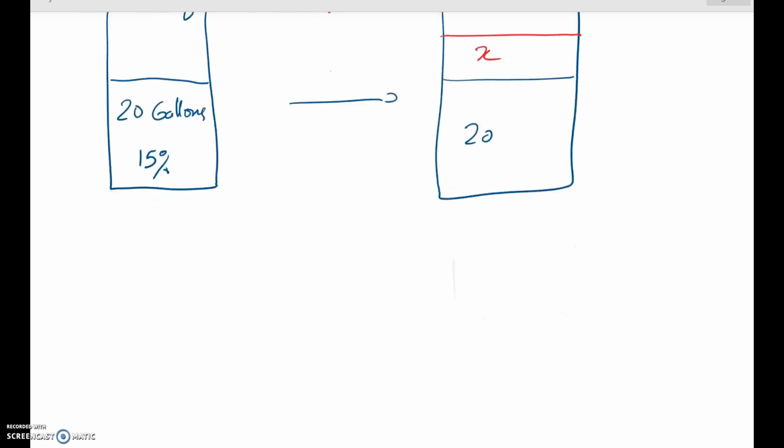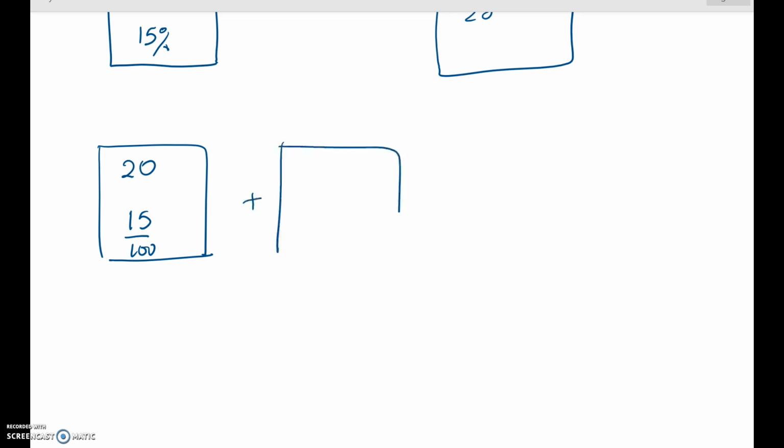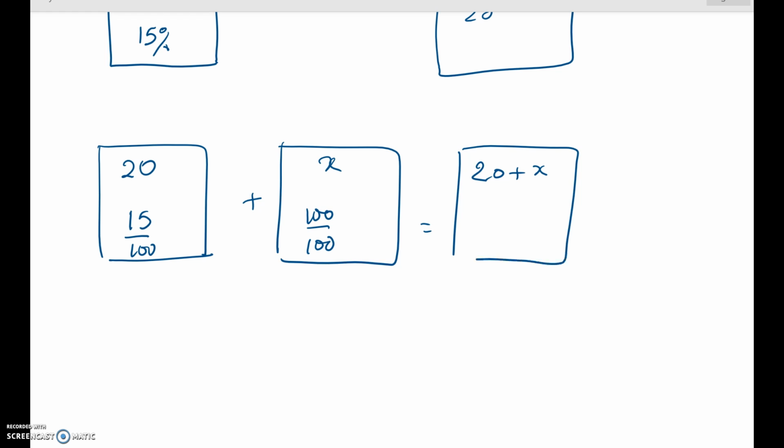Okay? So now you can rewrite that as 20 gallons at 15% plus X gallon at 100% equal, you know, it's going to be 20 plus X gallon, and you know that the 20 plus X gallon will be at 15%.